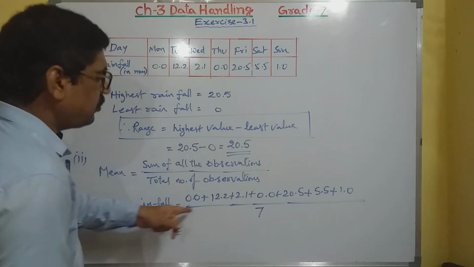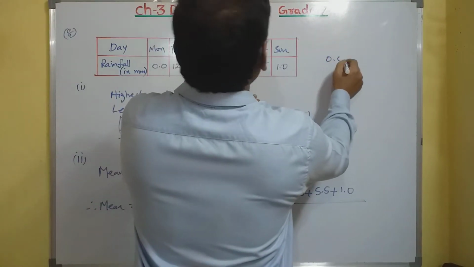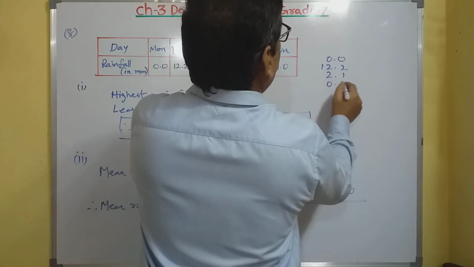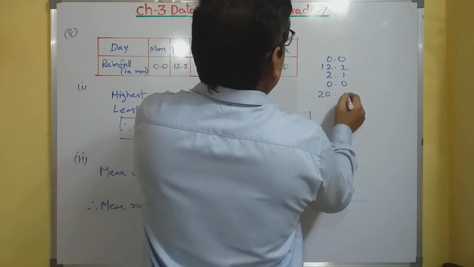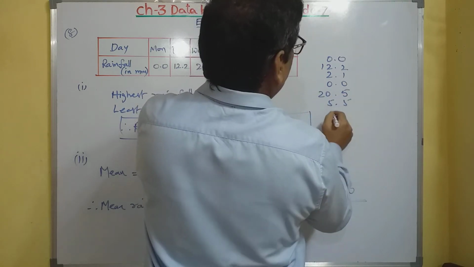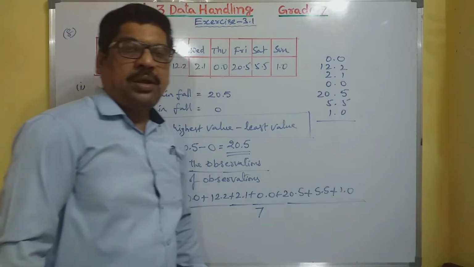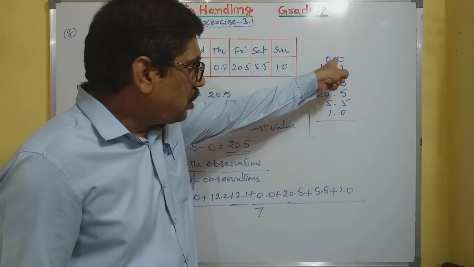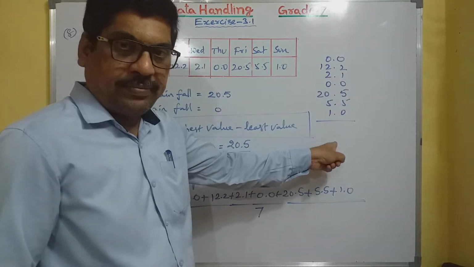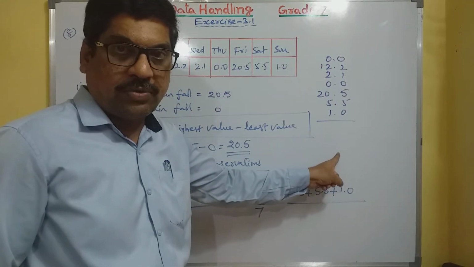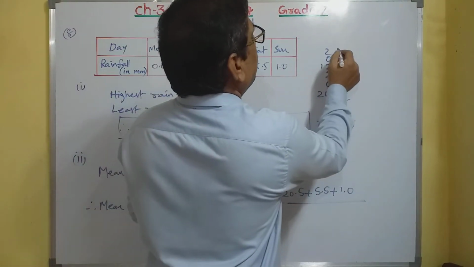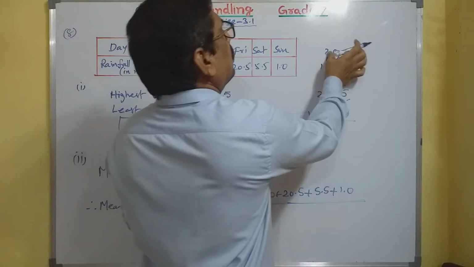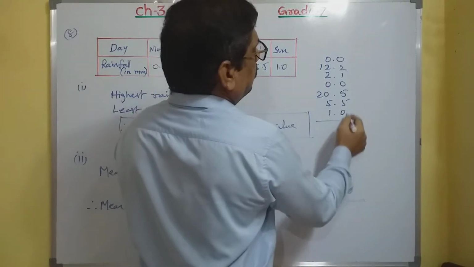Now, let us add all these values: 0.0, 12.2, 2.1, 0.0, 20.5, 5.5. While you are adding decimal numbers, it is very important to observe the point. The point should be on the same vertical line. So you should not take 20.5 like this. The point should be at the same position. Okay, so now add it.